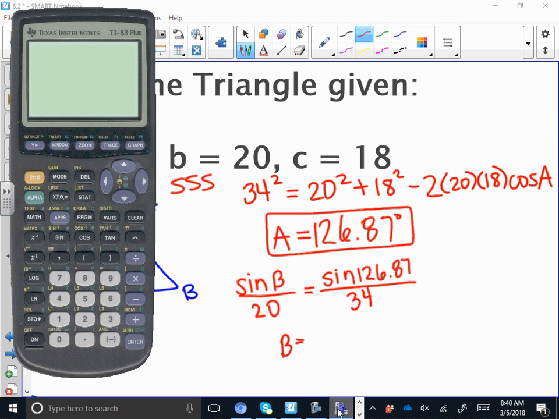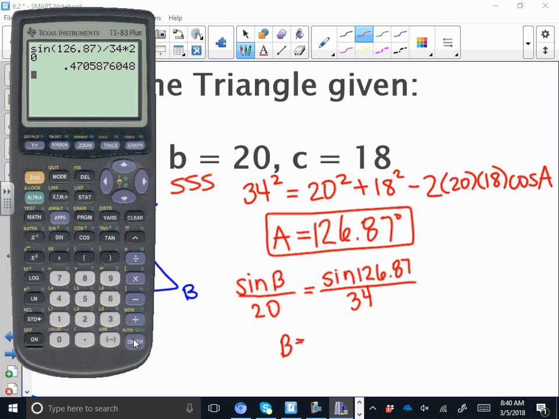So similar to what we did Friday, right? We're going to have to take the sine of 126.87 and divide it by 34. That's what's on the right side of my proportion. We can multiply that 20 over. We get the sine of B equals 0.47 blah, blah, blah, blah.